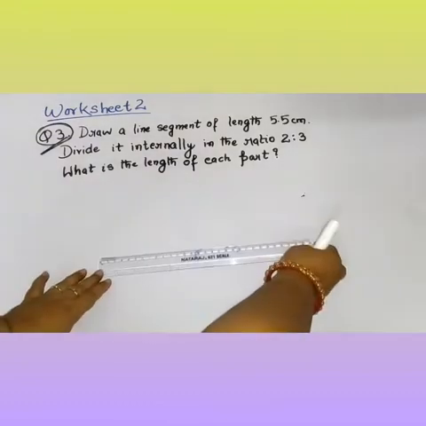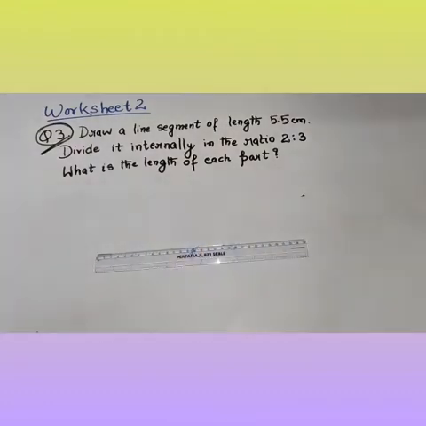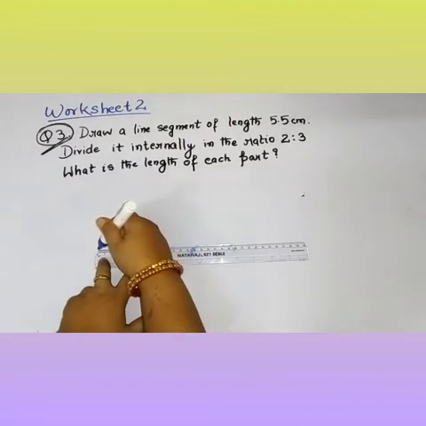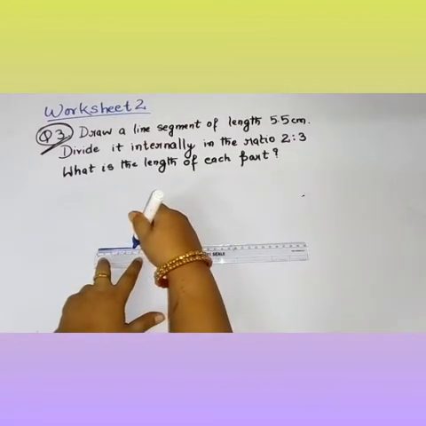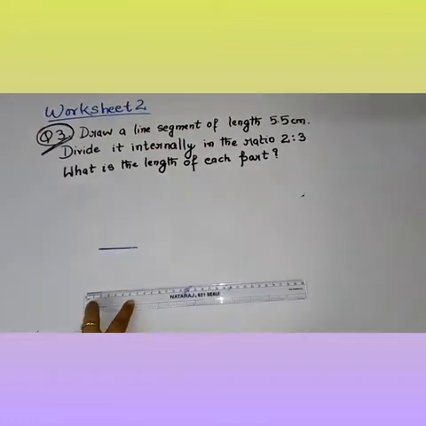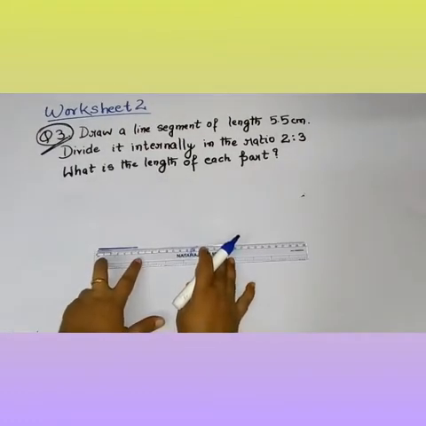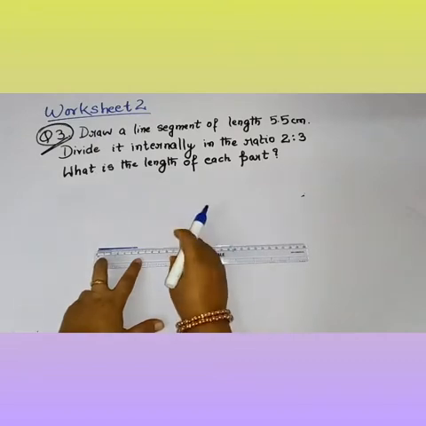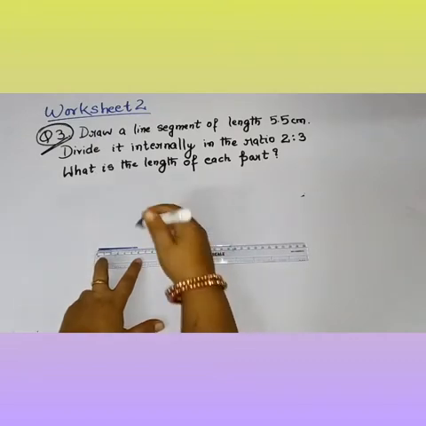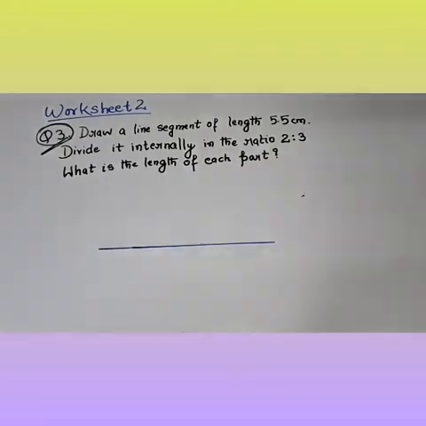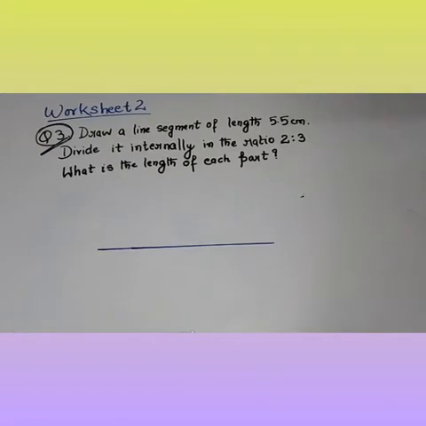Use the ruler to draw a line segment of 5.5 centimeter. So you will take a scale and draw a line segment of 5.5 centimeter. Since 5.5 centimeter is too small on my board, I am going to take a big line which is not equal to 5.5 centimeter, but let us assume that this is 5.5 centimeter. I am just telling you the process of how to divide the line segment in the ratio 2:3.